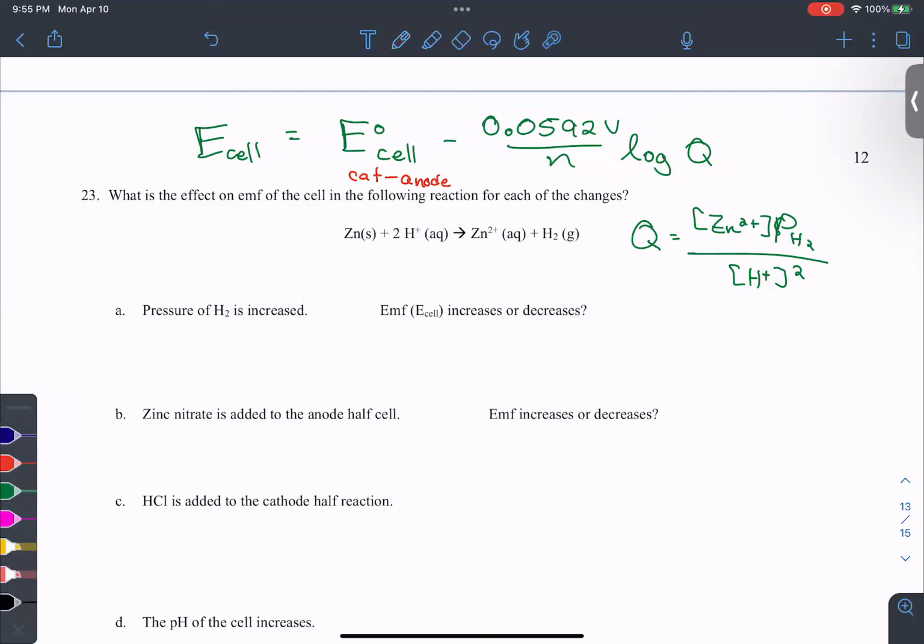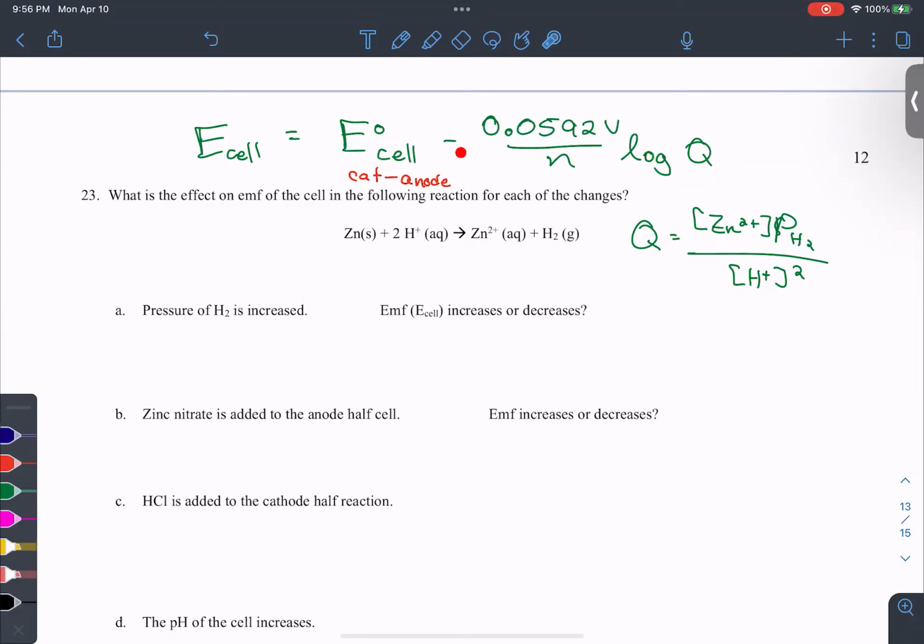So let's say we increase the pressure of H2. How will E cell change? We're not really calculating anything here. We can just look at Q and think about how it changes. So if we increase H2, how does Q change? It increases, yes. So if Q increases, how does log Q change? It also increases.